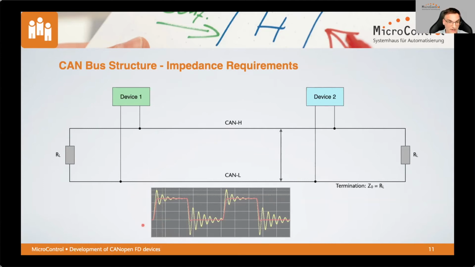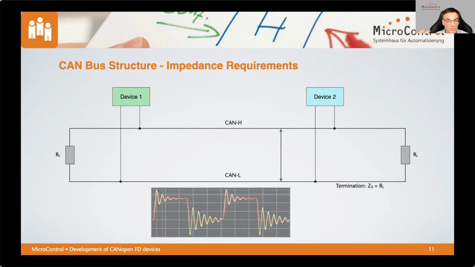Maybe people are not using termination resistors at the ends of the cabling, but somewhere in the middle of nowhere, and things like that. So the assumption that the signal is like the red one here, an ideal square wave signal of the CAN, is not true at all. It is something like the yellow one.